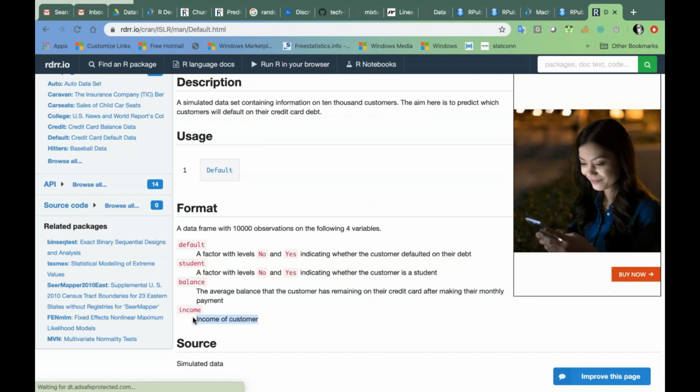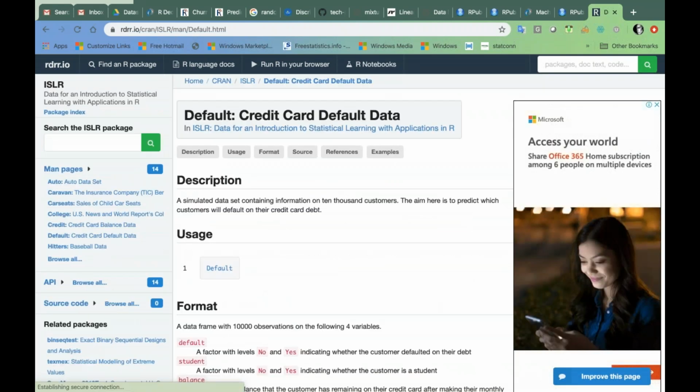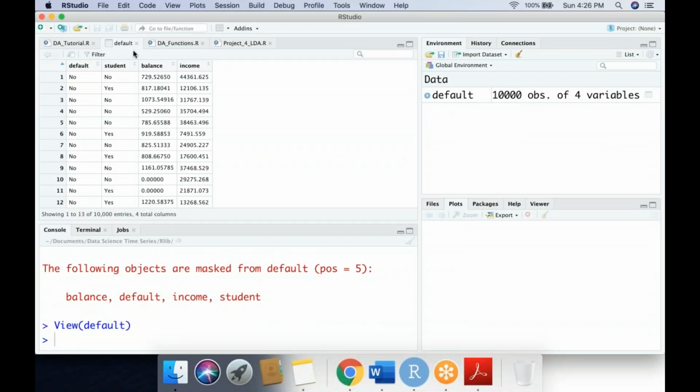And income is the income of that particular customer. This is coming from the ISLR package, which is Introduction to Statistical Learning with Applications. Some of you may remember that in the earlier resource I gave you, there was a mention of the ISLR package.